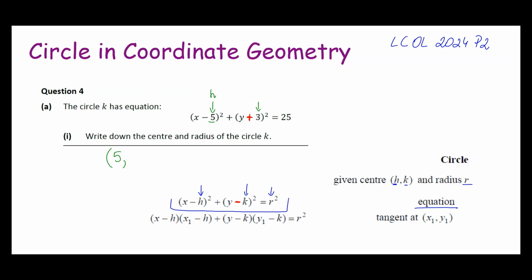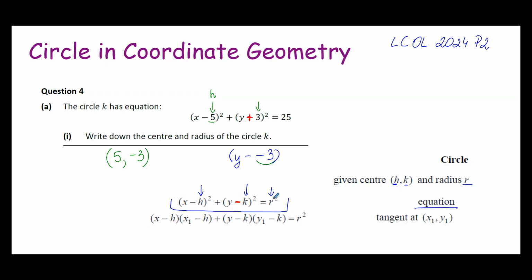So what happened here? The only time the minus becomes plus is if we had minus and then minus a number, and that way the two minuses become plus. So that means that k was minus 3. Therefore, minus 3 is the second coordinate of the center.